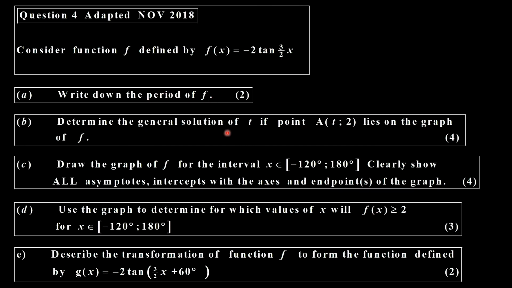You have to find the general solution of that tangent graph, in terms of A being t and 2, then you have to draw the graph, and then you have to do an interpretation where f(x) is greater or equal to 2 using your graph, and here you have to describe a transformation. Look at the given one and look at the new one there.